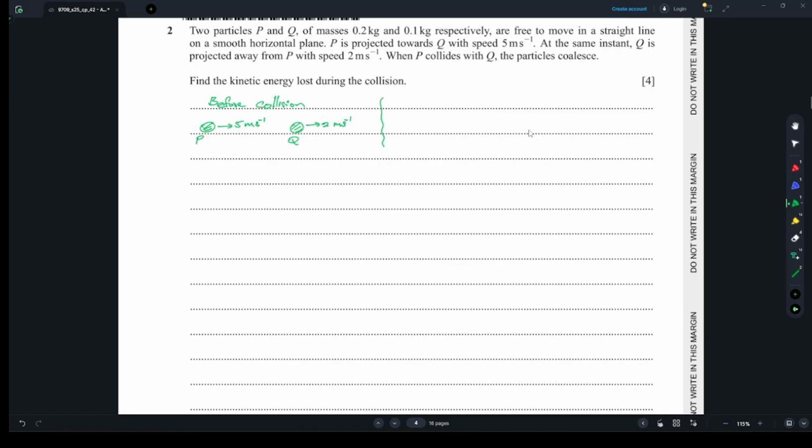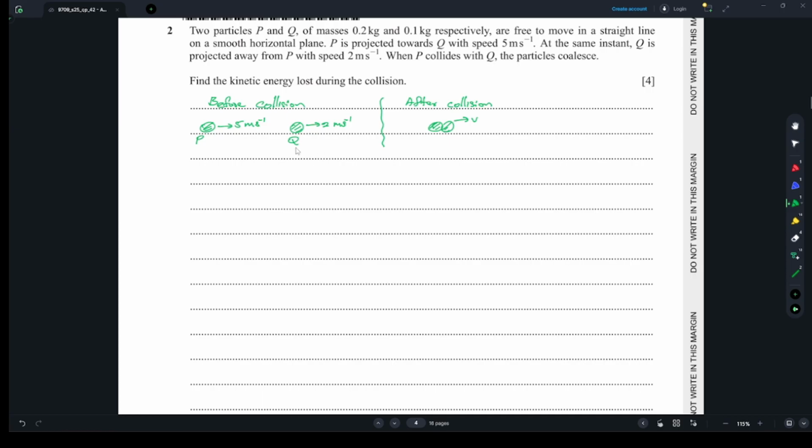After collision, both particles stick together, and we don't know the speed after collision. So let's assume it is moving to the right with a velocity of v. So this is the target: they are asking to find the kinetic energy lost during the collision. So what can you do?